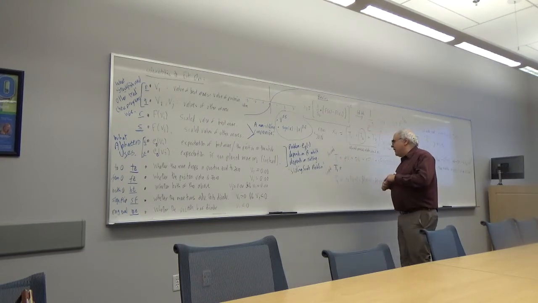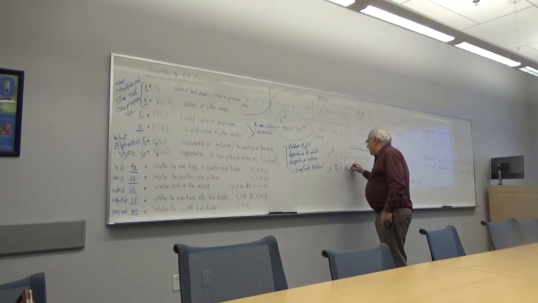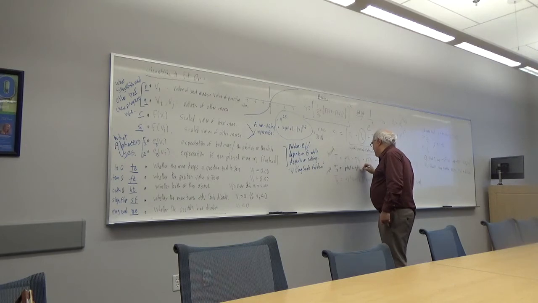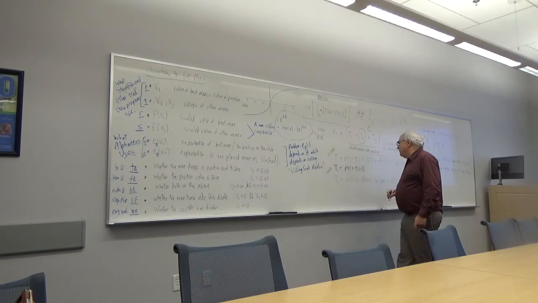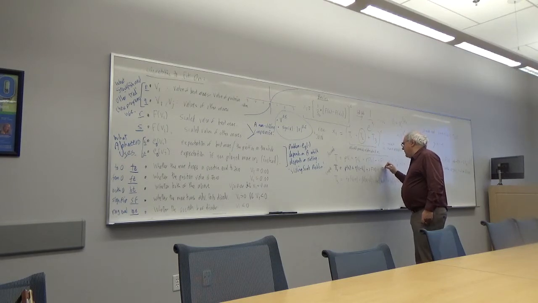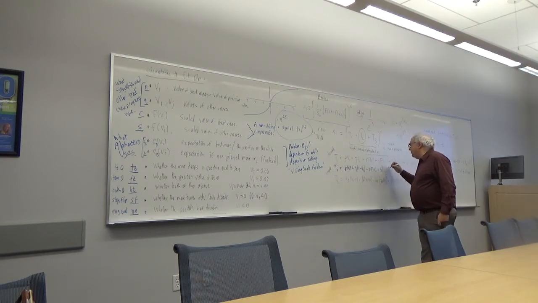So there's an option for that. And I can make this P of V1 plus Q times the difference V1 minus VI. I keep R times F of V1, but make this S times the difference F of V1 minus F of VI.